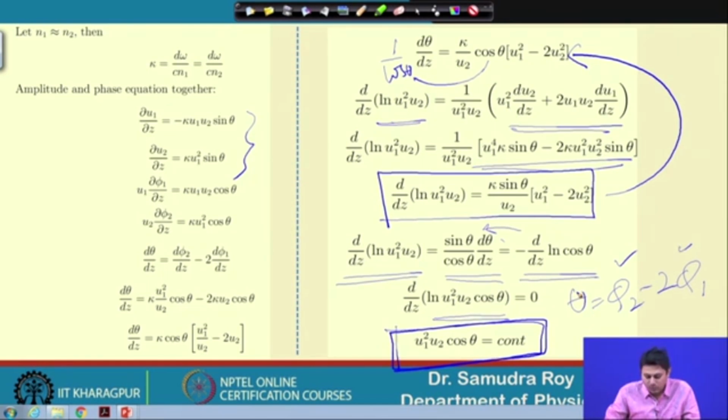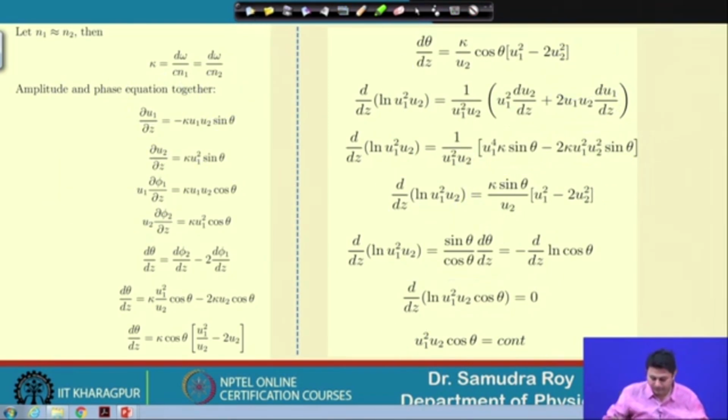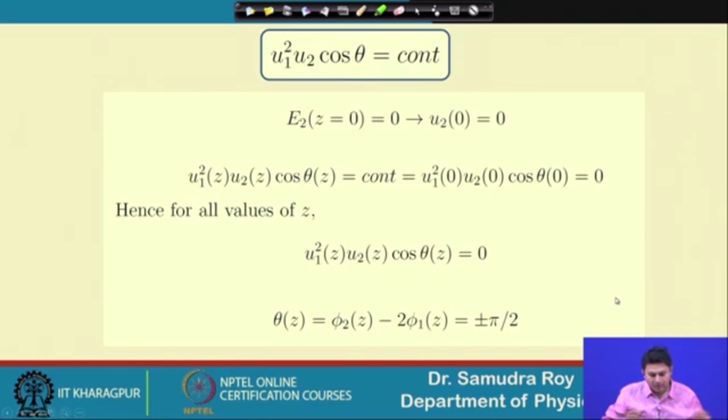So, if I now write u1 u2 cos theta is equal to constant, this means u1 which is a function of z, u2 which is a function of z, and cos theta which is a function of z, is constant.